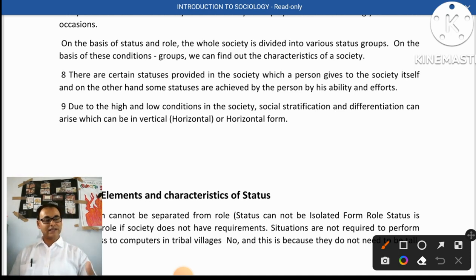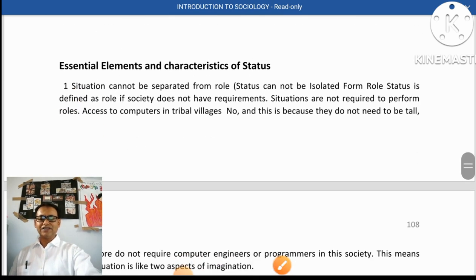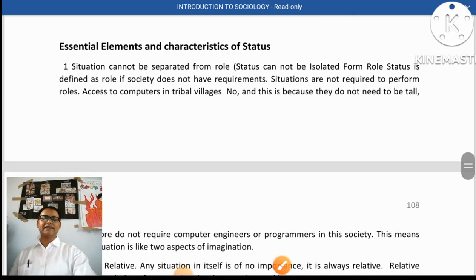And if someone is upper caste by birth, then he is upper caste, Brahmin or Kshatriya in India, because he was born upper, that is ascribed. Due to higher and lower conditions in society, social stratification and differentiation can arise, which can be vertical or horizontal in form. Now, the essential elements of the characteristics of a status.